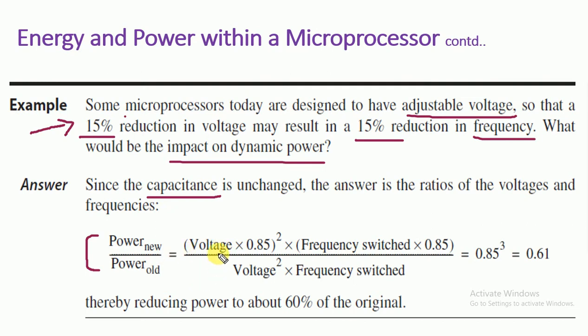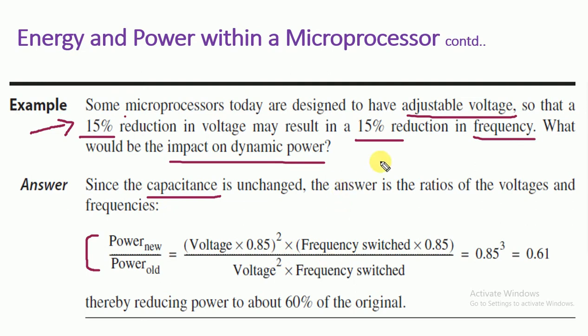Now the voltage of the new system has a 15% reduction. That means voltage into 0.85, and since voltage is squared, we are considering 85 percent of voltage squared. Voltage squared is part of the power formula.